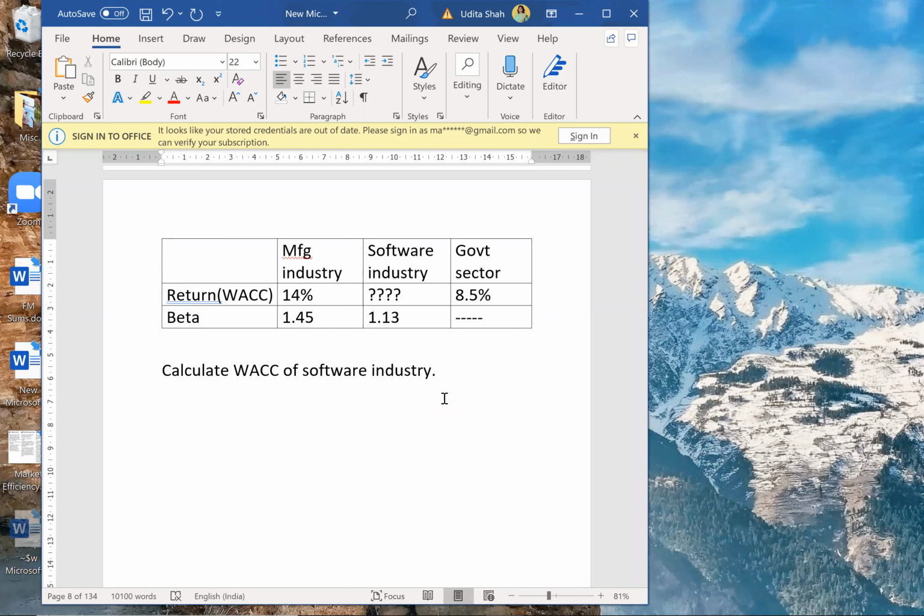You cannot directly cross multiply between manufacturing and software. You cannot say for 1.45 it was 14%, so for 1.13 equal to how much? Because you are comparing between three sectors now, you have to consider the government sector also in the comparison. That is the hint I am giving you.